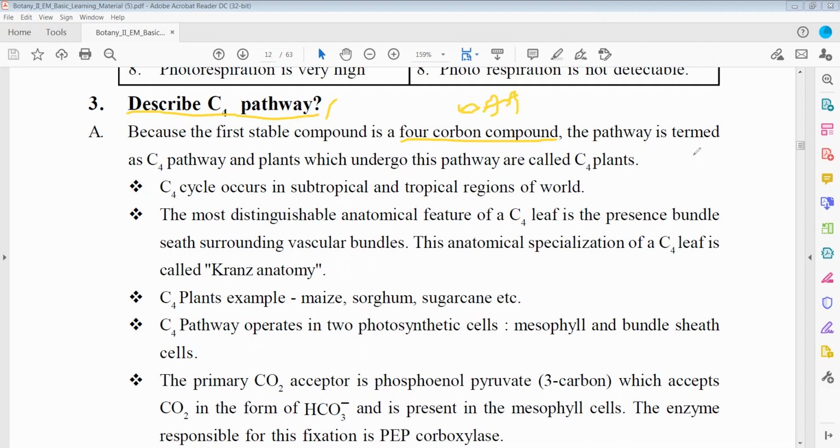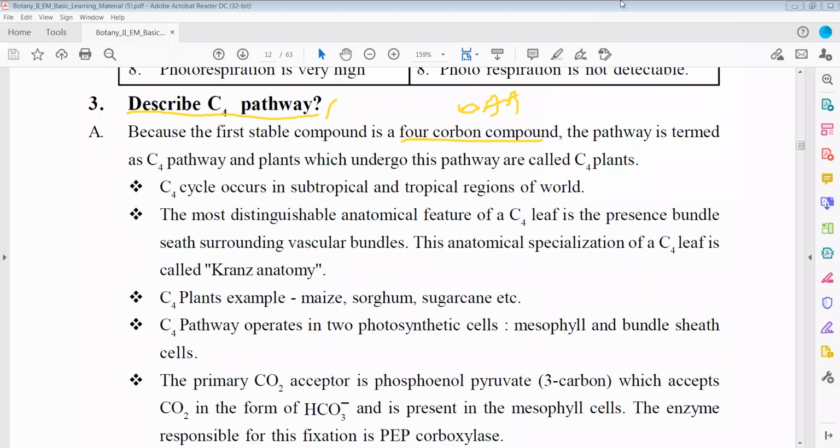Hence the pathway is termed as the C4 pathway. Plants which undergo this pathway are called C4 plants.